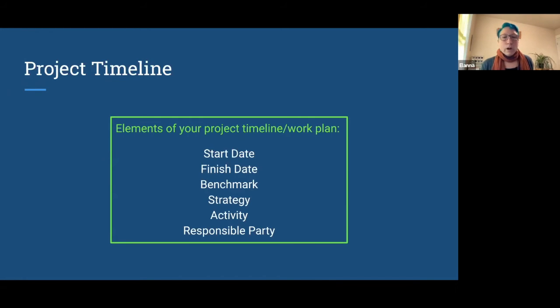What are all the activities that need to happen as your program and projects progress? And who is responsible for keeping all of this on track? Are there several people? Is there one person? Regardless, make sure that that is recorded and they are accountable for keeping everything on track.